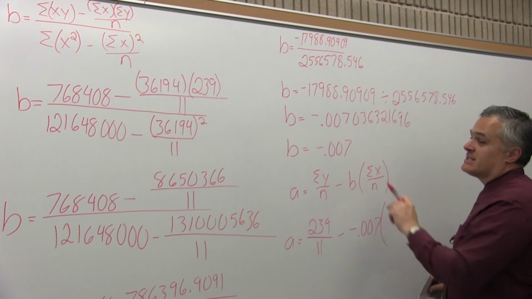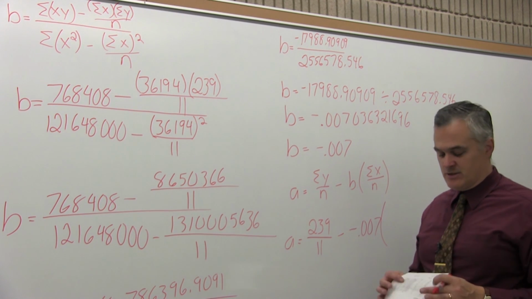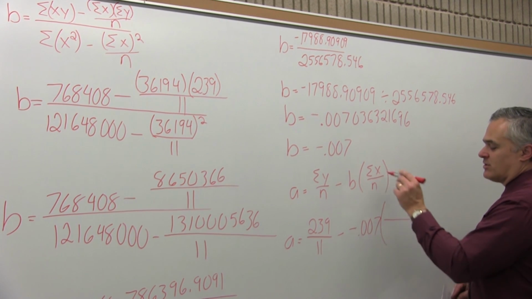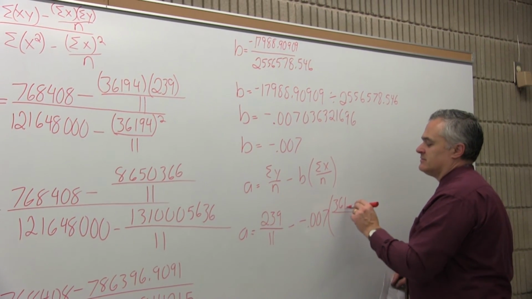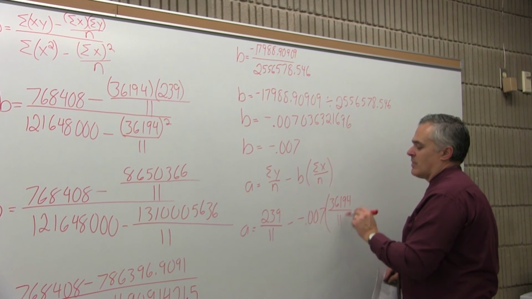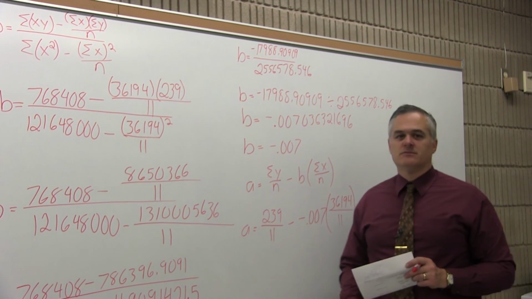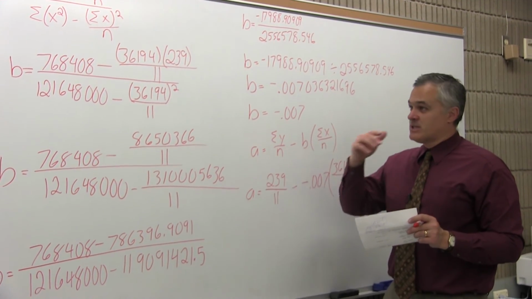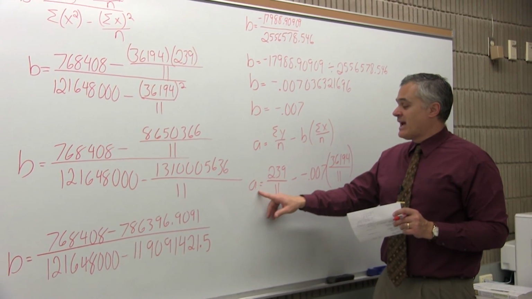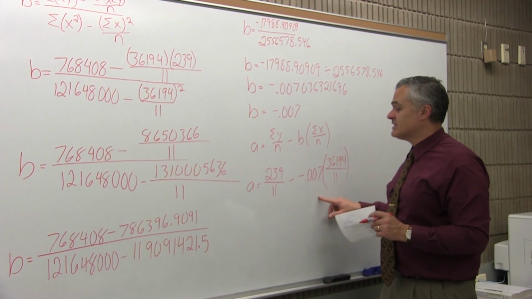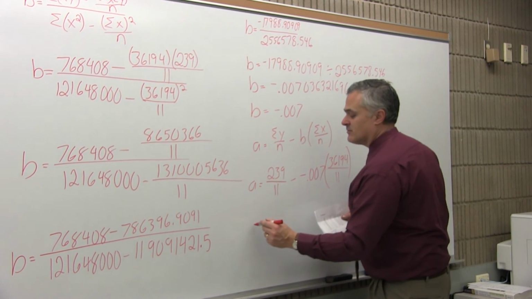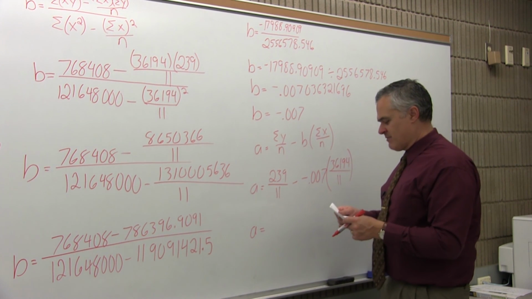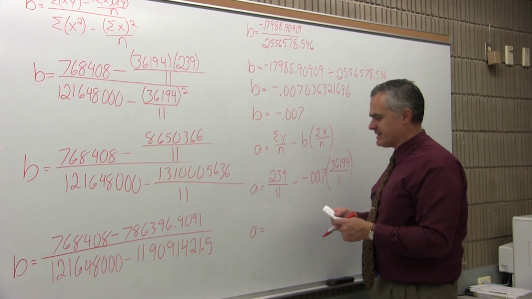Then total of x's, that's the total of all the weights of all the vehicles, which was 36,194 pounds. The total of the x's over n, n is 11. So now this is going to give me a because I want y equals a plus bx. Now that I have the formula filled in, let's do the divisions. So a equals 239 divided by 11 is 21.73.